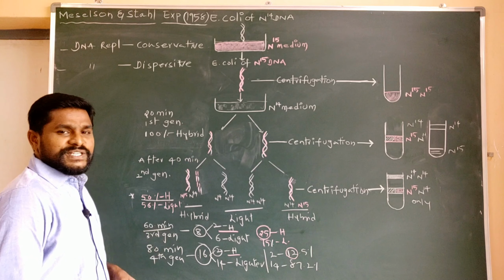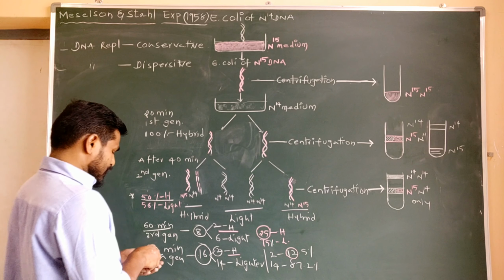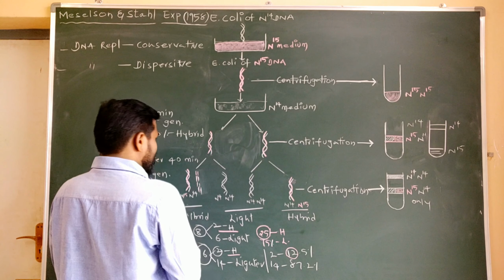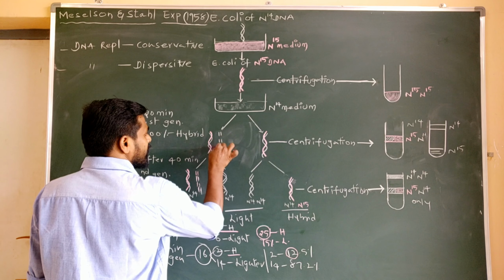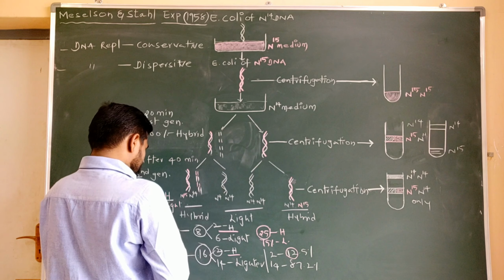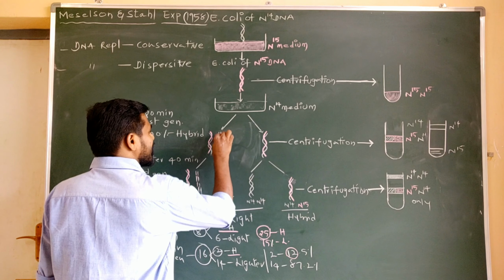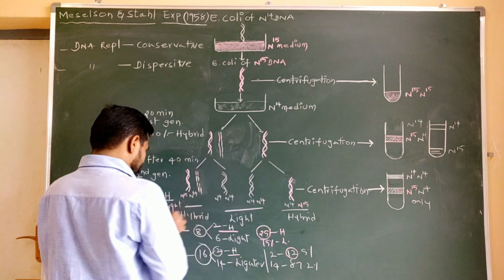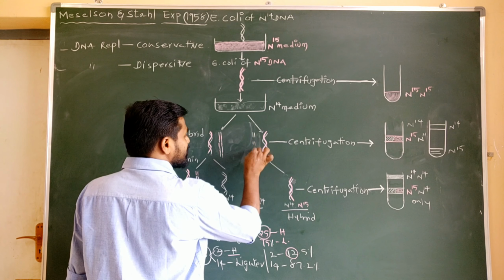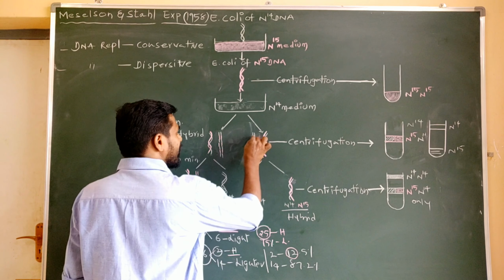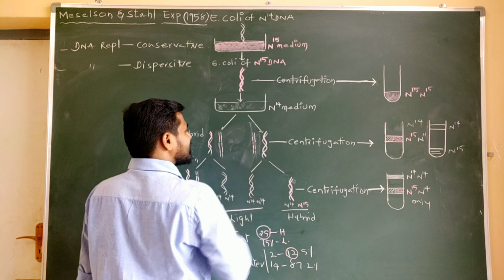So in this case, if the DNA replication is dispersive, one E. coli cell could have patches of N15 and N14 DNAs like this, and another E. coli cell also could have patches of N15 and N14 DNAs like this.